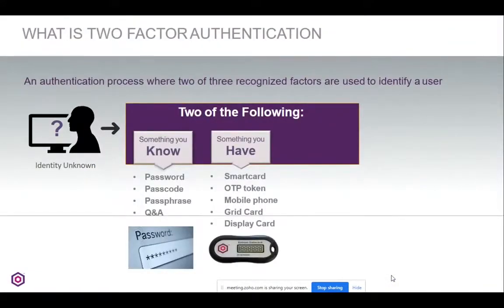So let's try to understand what two-factor authentication, or multi-factor authentication as it is also known, is. It is an authentication process where two or three recognized factors are used to identify a specific user. In a simple example, today we are using so many applications from an organization or customer perspective.